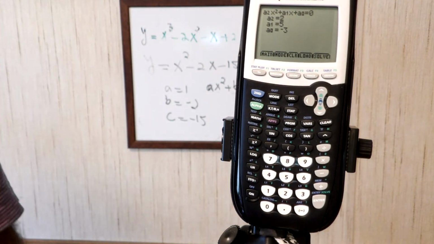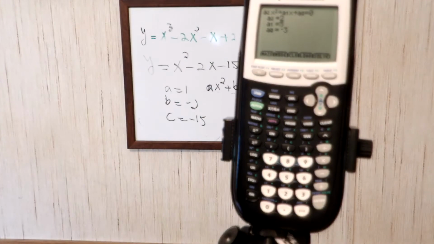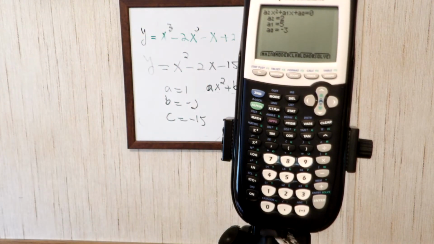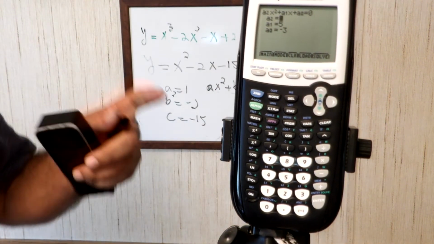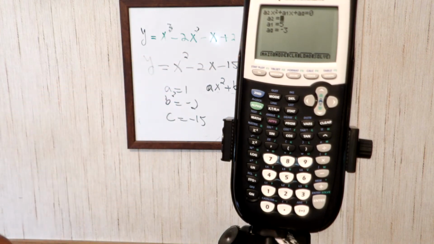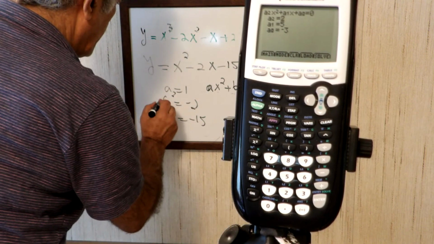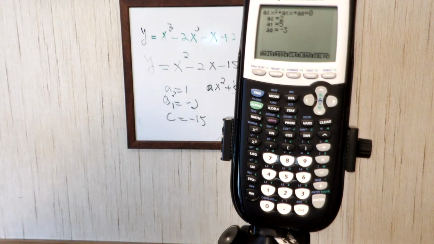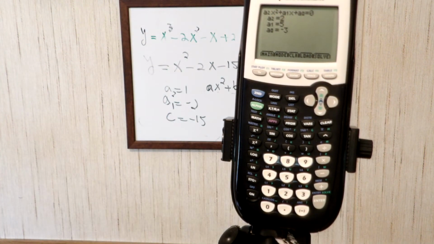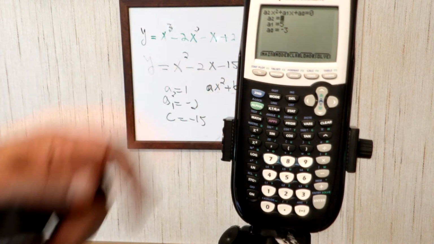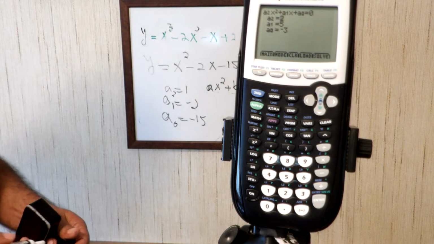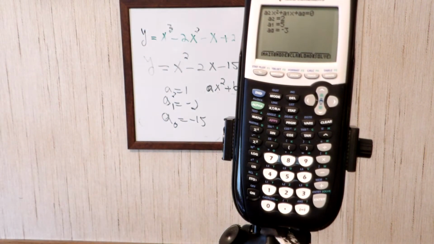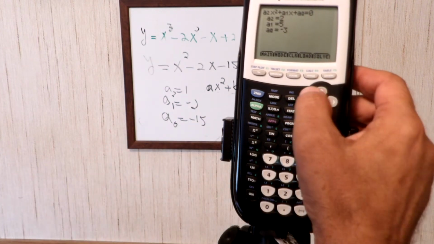So we put all of this in the system. We have a2, which is the coefficient of x squared, a1 is minus 2, and a0 is the constant C. So we give all these numbers to see what it's going to be.